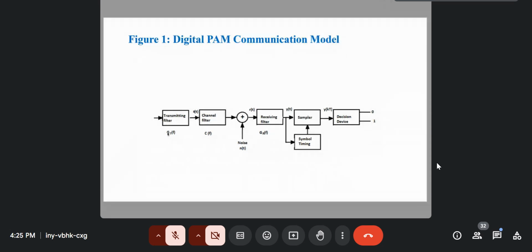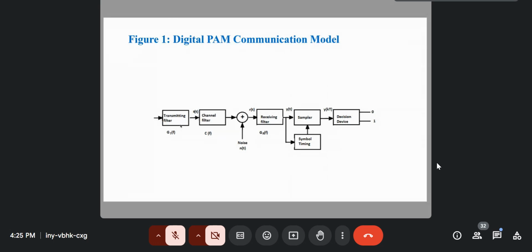These are the transfer functions representing filters at every point. So the first one, of course, will be the transmitting filter.